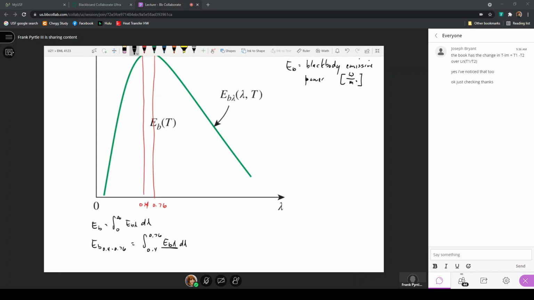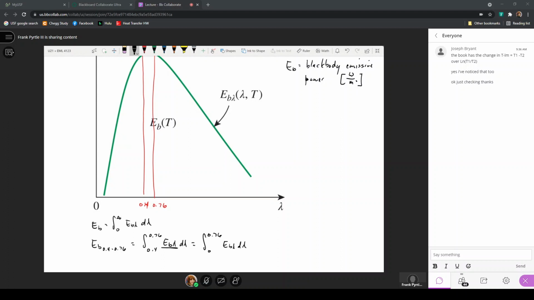Well, I wouldn't really call it a shortcut, but a method for rewriting this expression is the same as writing the integral from 0 to infinity, which will give me all the area under the curve, EB lambda d lambda, minus, well, actually, I'll write this a little differently: the integral from 0 to 0.76 of EB lambda d lambda.